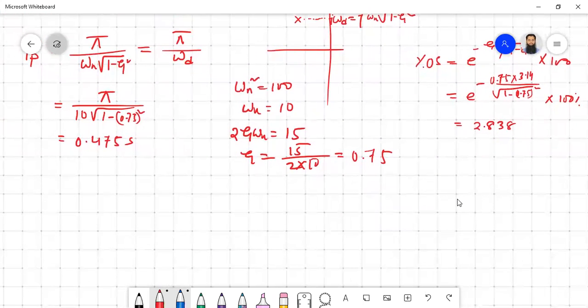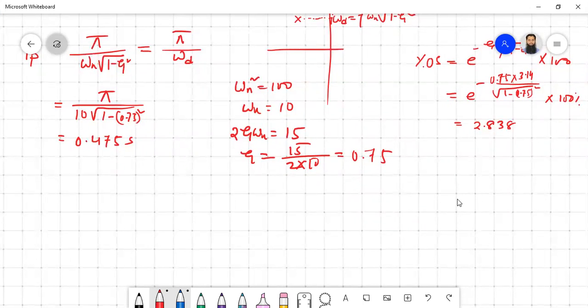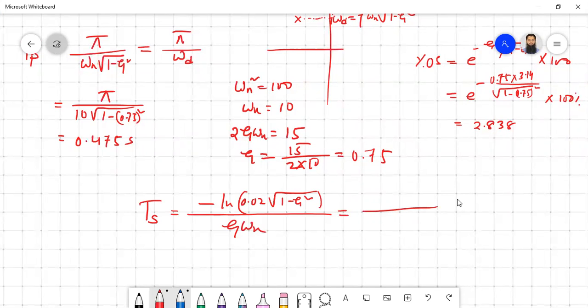Next, we have to figure out the value of the settling time. For the settling time, you can go for the original formula, minus ln 0.02 over zeta omega n, which gives a precise value, or you can go for the approximate formula of 4 over zeta omega n, where zeta omega n is the value of sigma d.